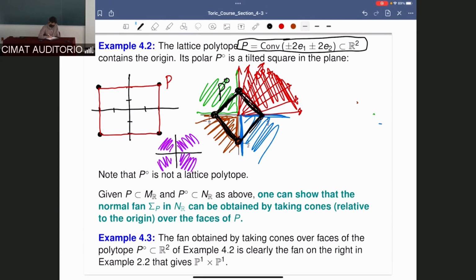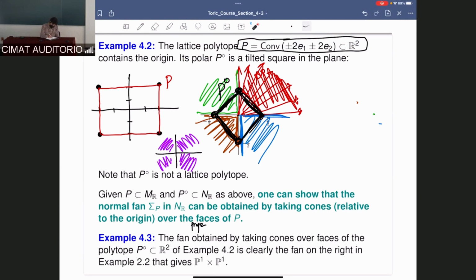We look at the directions from 0, well, the proper faces, and it should say proper faces. Anyway, taking cones over the proper faces, I guess. Yeah, proper faces here. I don't use the whole thing. Then you recover your fan. Very good.